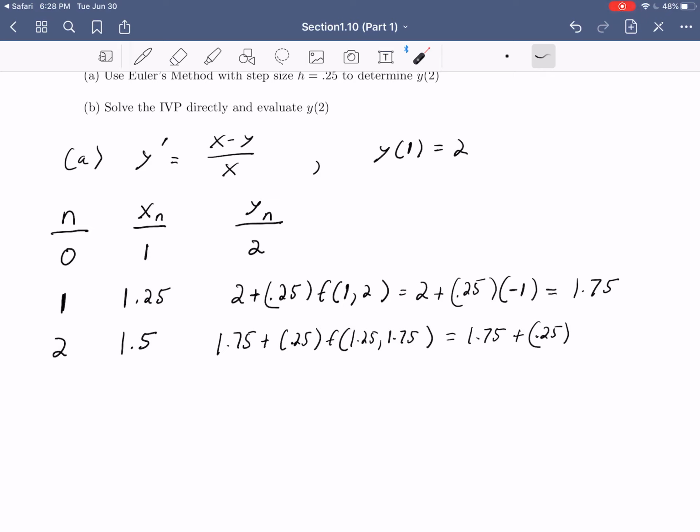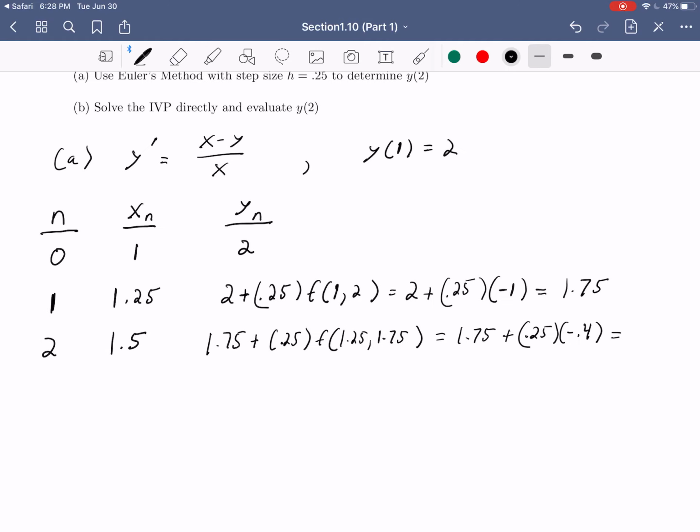So that would be 1.25 minus 1.75 and then divided by 1.25 because that's our x. Looks like we should get minus 0.4. And then if we put that together, 1.75 plus 0.25 times negative 0.4, looks like we should get 1.65. So our approximation is that at x equals 1.5, y should be about 1.65.